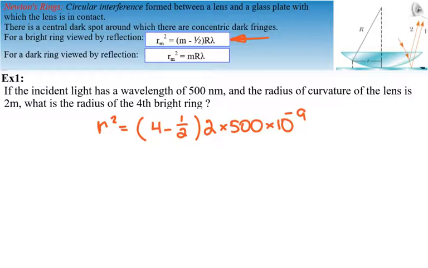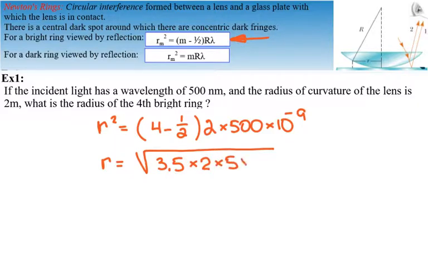So I get r is equal to the square root of 3.5 times 2 times 5 times 10 to the negative 7. So that will give me 1.9 millimeters.